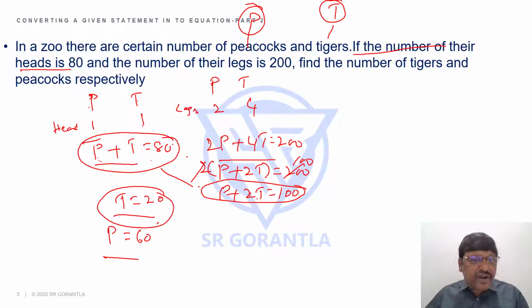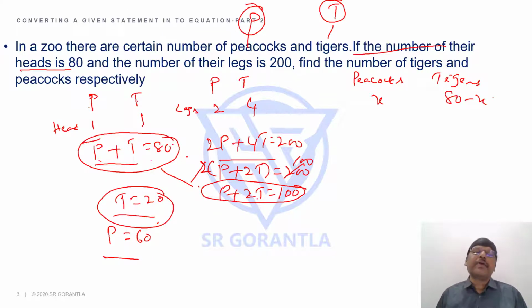This is one way of doing it, students. As I said, we'll discuss different approaches. Other way of doing it, students: suppose the number of peacocks is X, number of tigers will be 80 minus X. Can I say, students? How? The total number of their heads is 80, which is another way of telling you that the total number of peacocks and tigers is equal to 80. So, if peacocks are X, tigers are 80 minus X, and peacock has got 2 legs, tiger has got 4 legs.